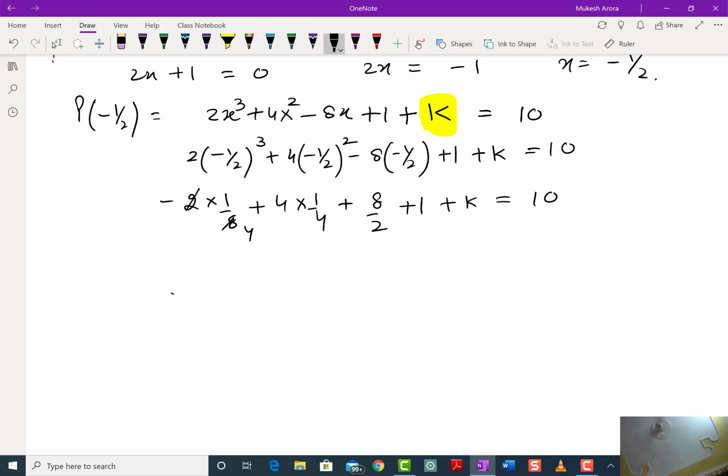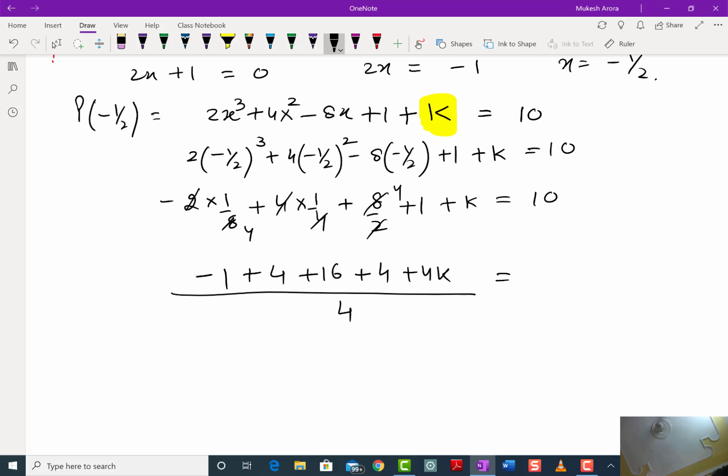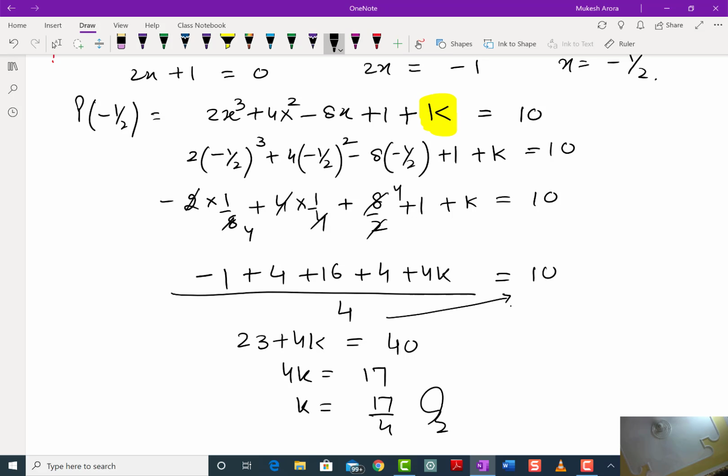LCM will be 4: minus 1 plus 4 plus 16 plus 4 plus 4k should be equal to 40. 23 plus 4k is equal to 40. Cross multiply, 4k is equal to 17. k is equal to 17 by 4. So 17 by 4 should be added.